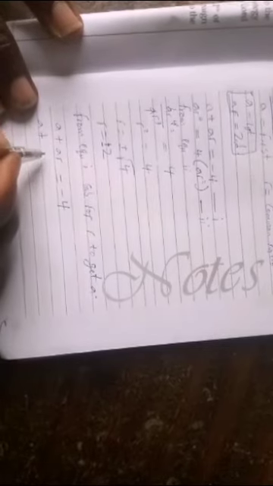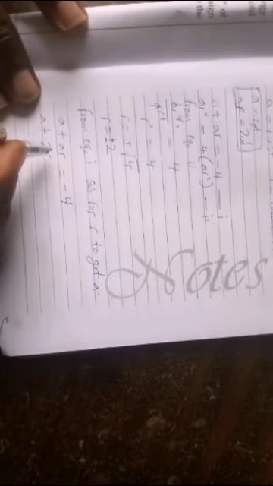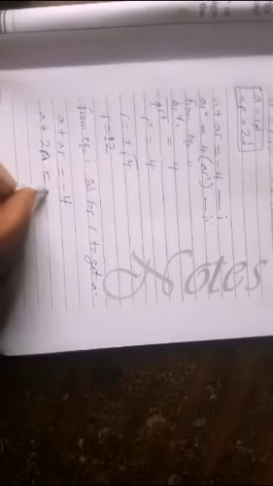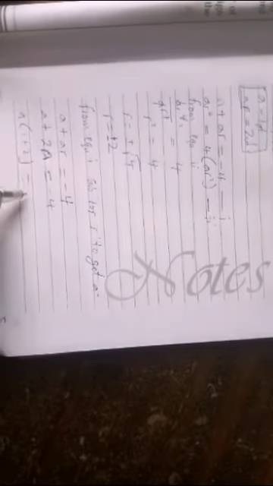A plus 2A, because we have already gotten our R to be 2, is equal to -4. So we can now factorize this expression: A into bracket 1 plus 2 is equal to -4. So we now have A into bracket 3 is equal to -4.